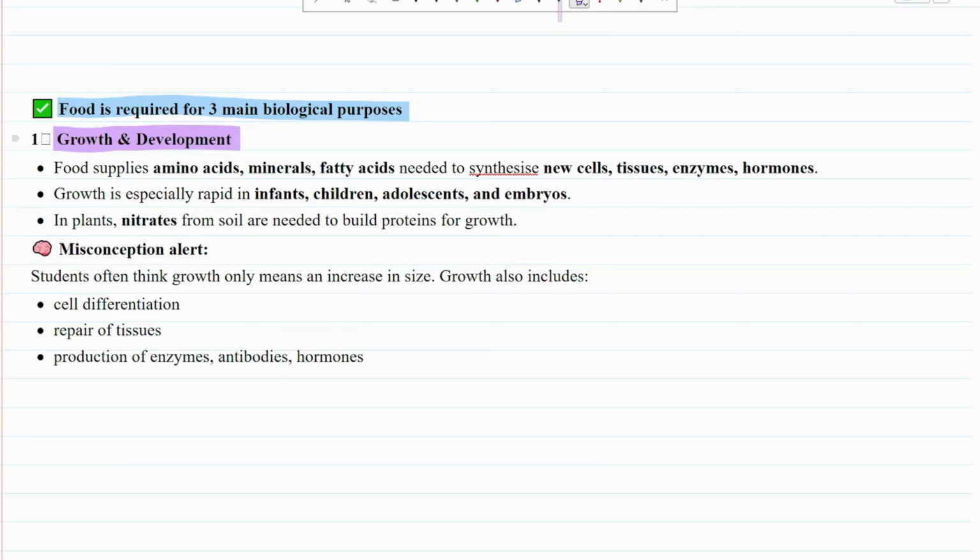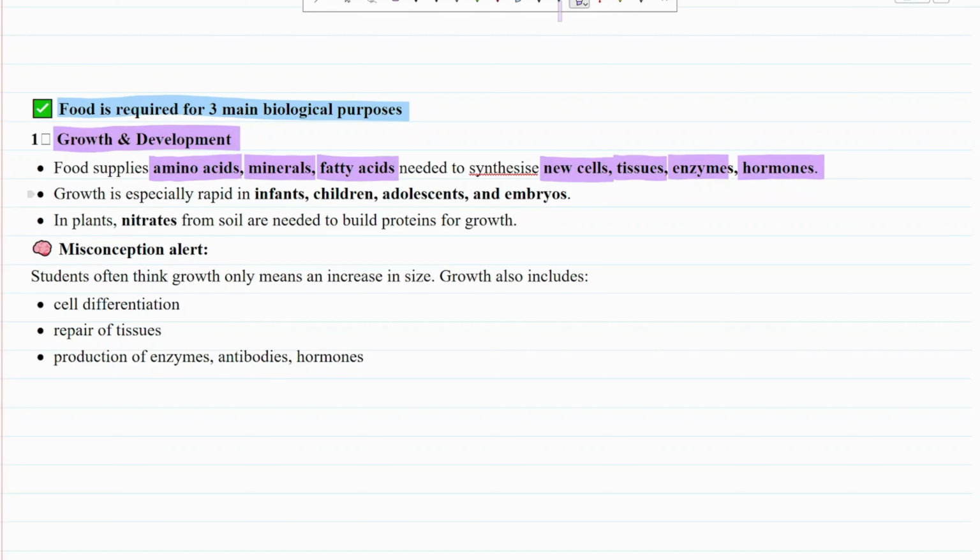Similarly, the human body also needs energy, needs food to develop, to grow, to increase its body size and body mass. So food supplies amino acids, minerals, fatty acids. These are the components or monomers of three main energy sources in the body, needed to synthesize new cells, tissues, enzymes, hormones, and so many other things in the body.